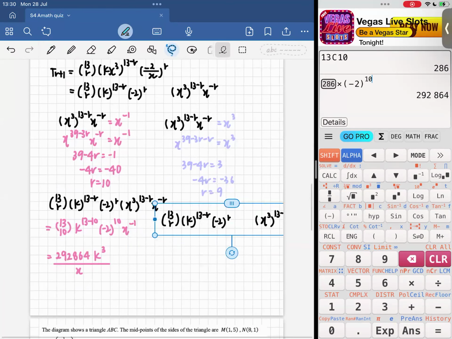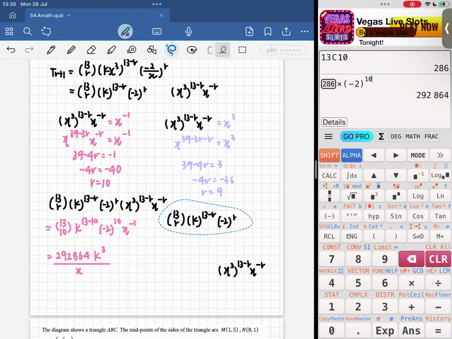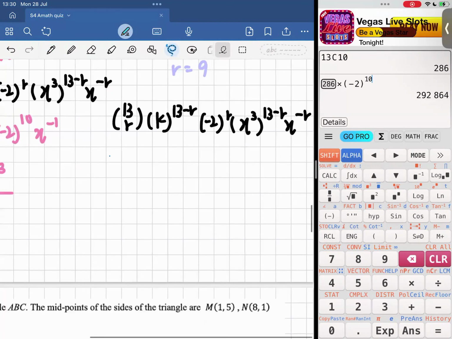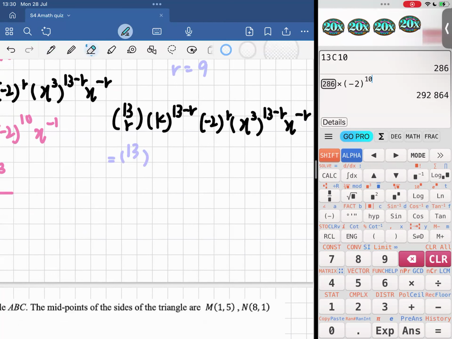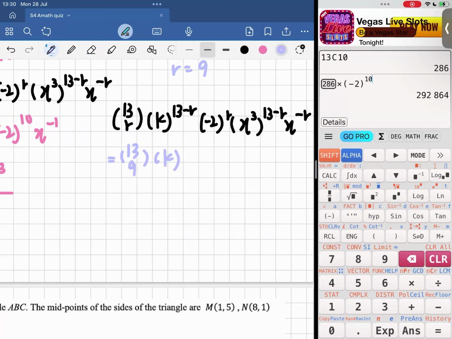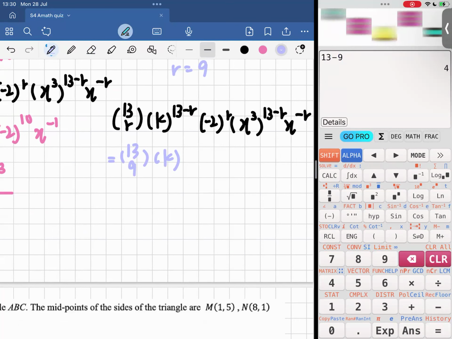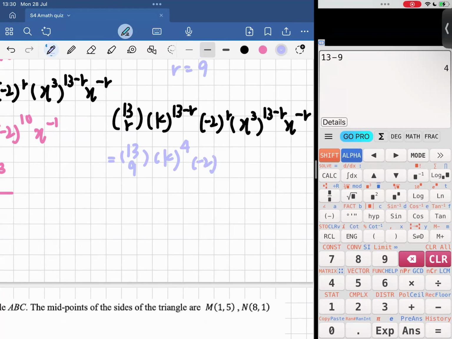Wait, no space. Okay, so I substitute inside here again, to make sure that everything can fit, like the coefficient and the algebra part, okay? So 13 choose 9. 13 minus 9 is 4, right? So k to the power 4, negative 2, 9.